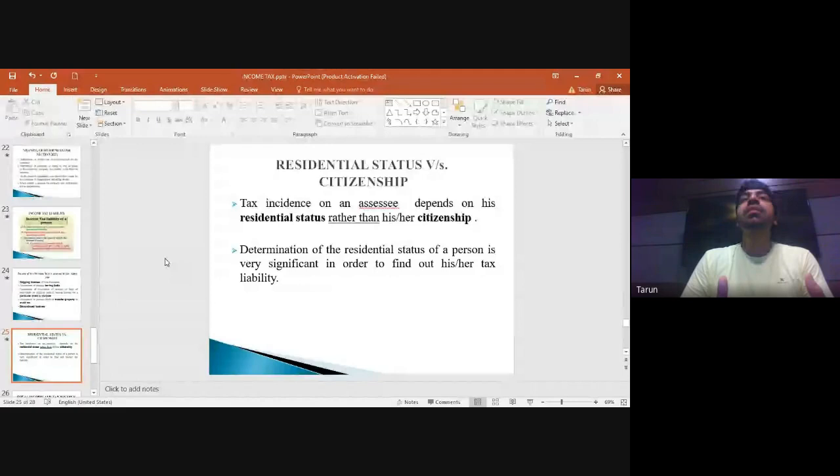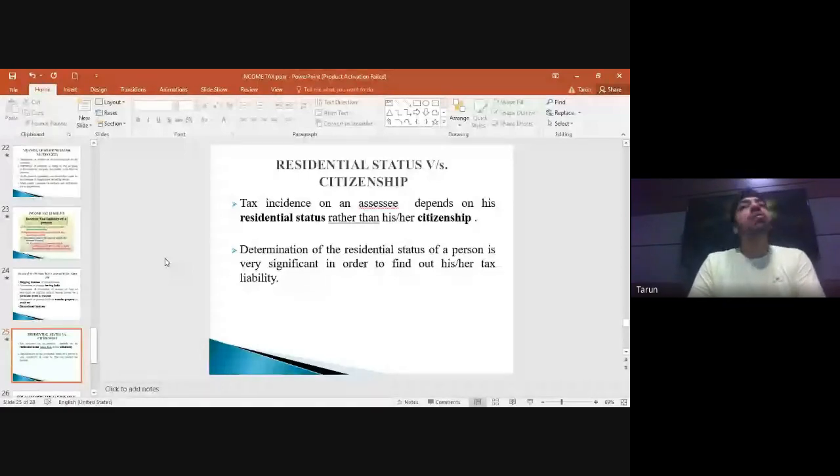Out of the two main conditions, there are some exemptions also. When you talk about ordinary or non-ordinary residents, of course they have to fulfill at least one condition out of the three conditions, and non-residents means they have not fulfilled any of the conditions.